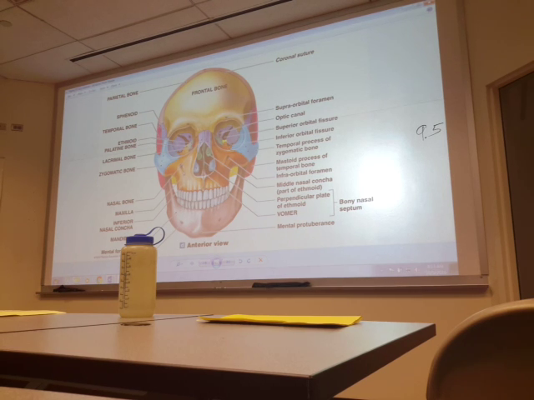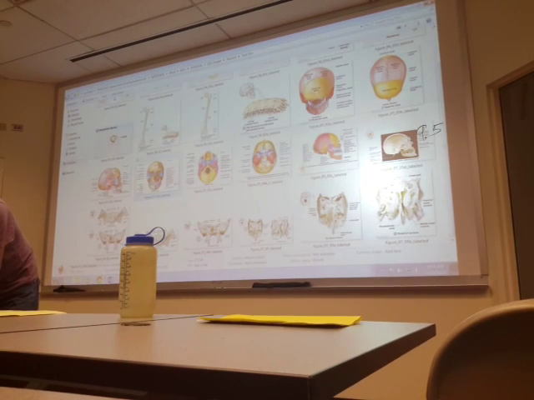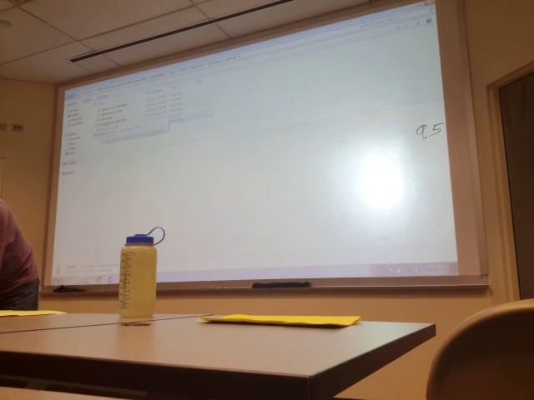The atlas is your resource for the photographs, okay? The textbook and the lab manual are going to be more your resource for the color-coded pictures, but the atlas is your resource for the actual photographs. So pictures in the atlas will look more like this.